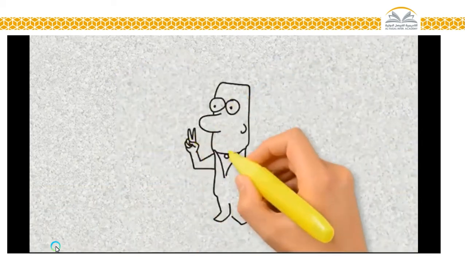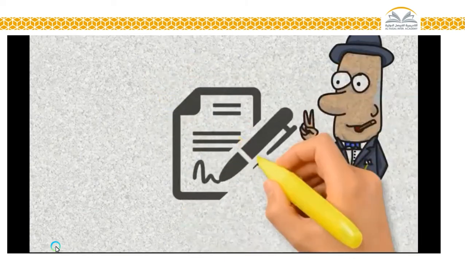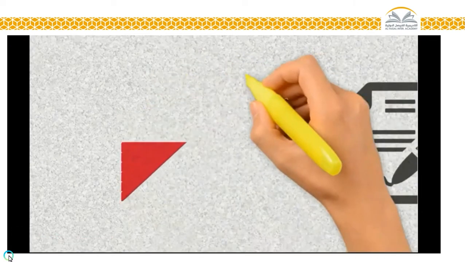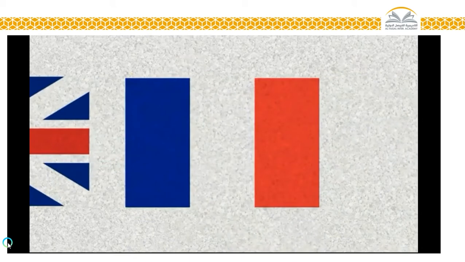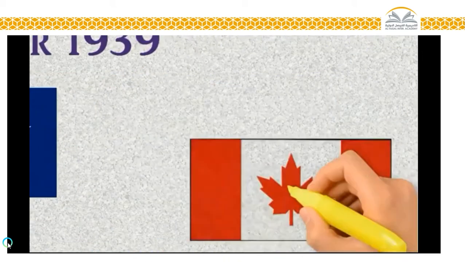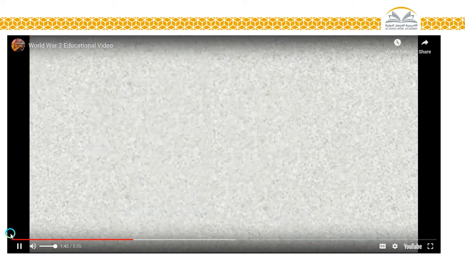But just a week before, Britain signed an agreement with Poland promising to fight anyone who tries to invade them, which means only one thing: war. In September 1939, Britain and France, along with Australia, New Zealand and Canada, declare war on Germany and Italy.